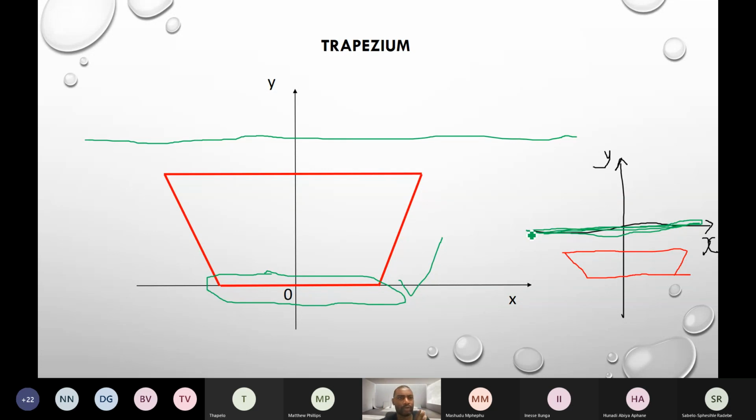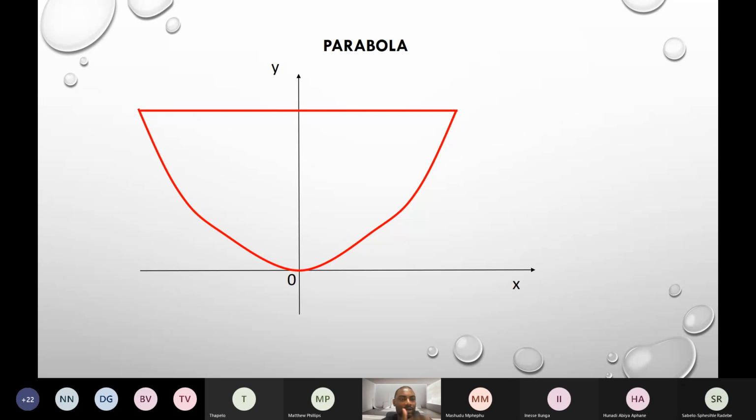I didn't want to, because we're going to do like 4 shapes. I didn't want to do 4 shapes with 2 options, meaning 8 calculations. That would be quite a mouthful. Okay, so this is the trapezium. Next is the parabola. It will be like this.